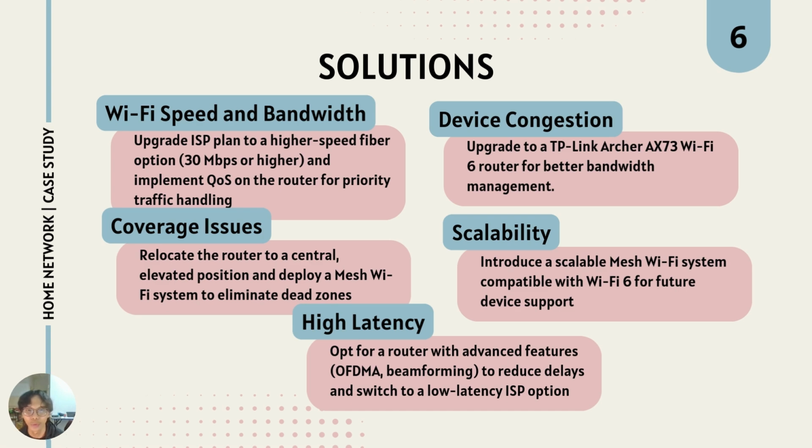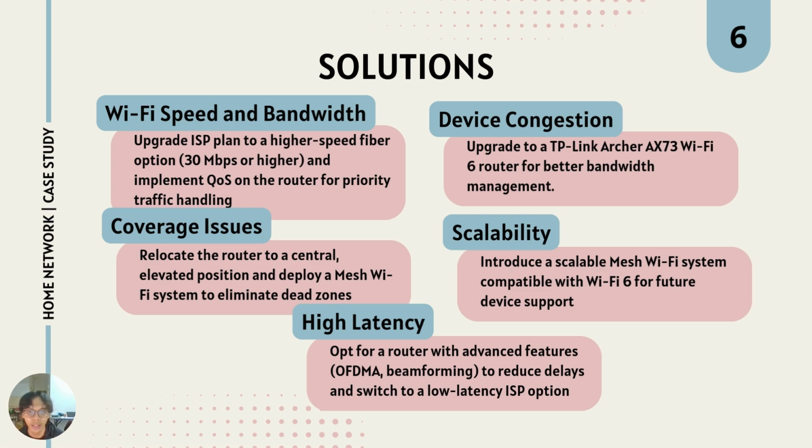So what we have to do here is upgrade to a TP-Link Archer AX73 Wi-Fi 6 router for better bandwidth management. It also offers speeds up to 5400 Mbps. The next one is scalability, which means introducing a scalable mesh Wi-Fi system compatible with Wi-Fi 6 for future device support.